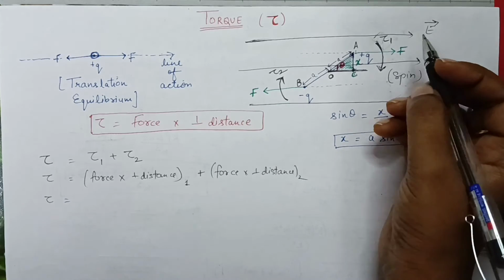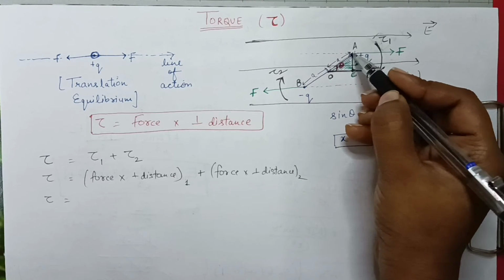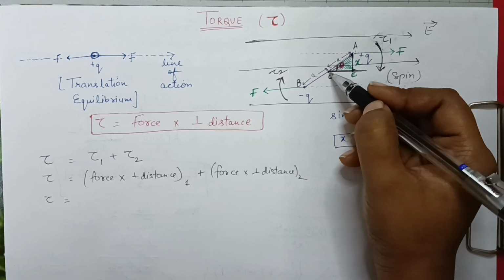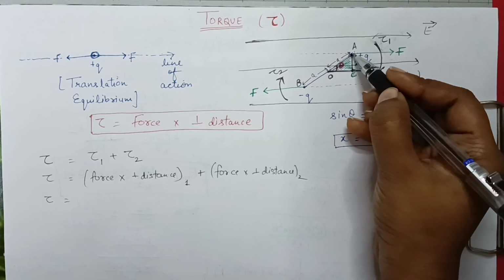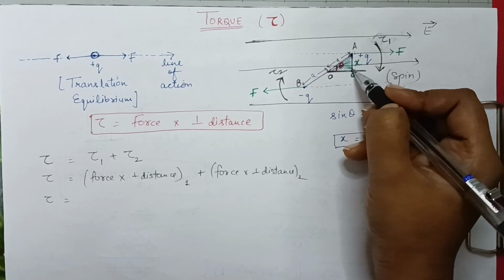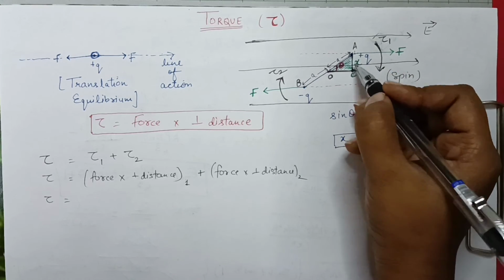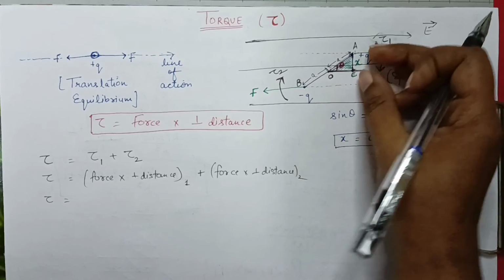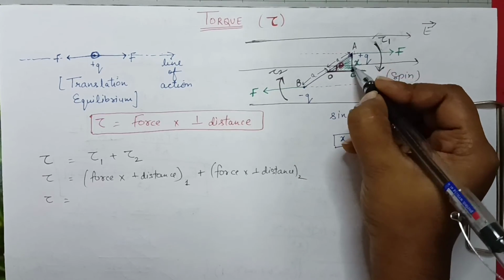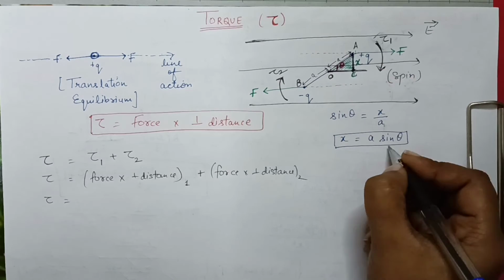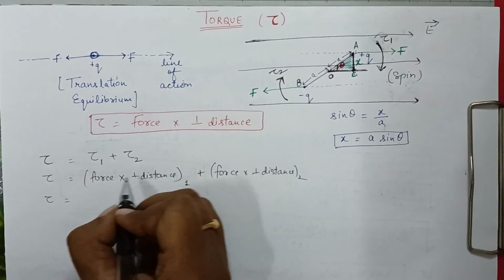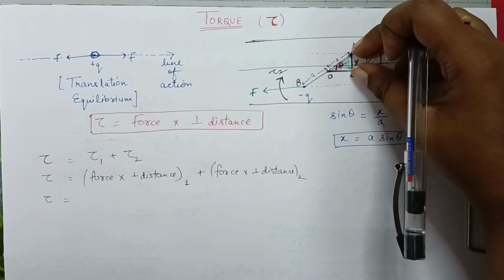It is the distance from this point A, where plus q charge is located, to point O. This x is the perpendicular distance that we have found, that is a sine theta. So force will be F and perpendicular distance will be a sine theta.